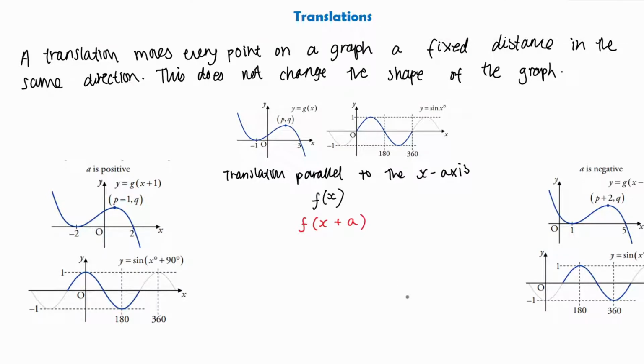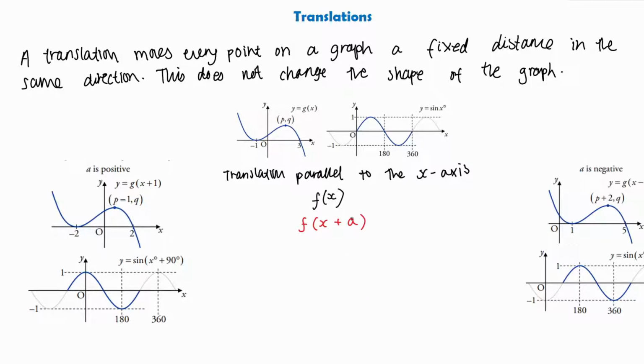And a nice way of remembering this is it's inside the bracket, so it's being added on to x, so it must be parallel to the x-axis. Whereas if it was outside of the brackets, it's not next to x, so it's not got anything to do with the x-axis. That's my way of remembering it anyway.